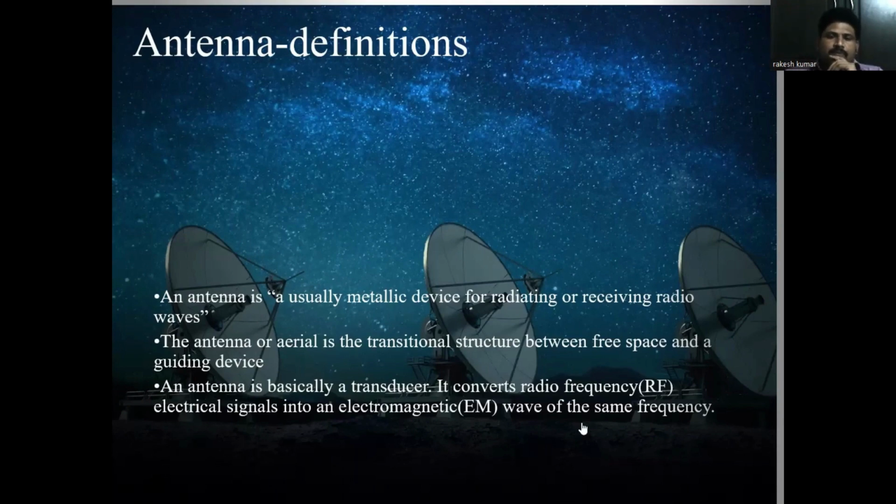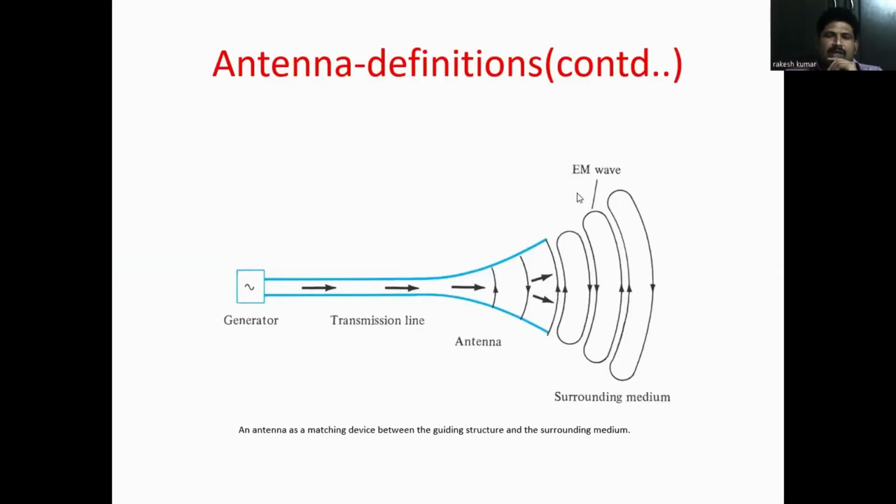Okay. Now next. This is the basic structure of an antenna. So this is the antenna part. Okay, this is the transmission line part. For example, now we are transmitting a signal here.